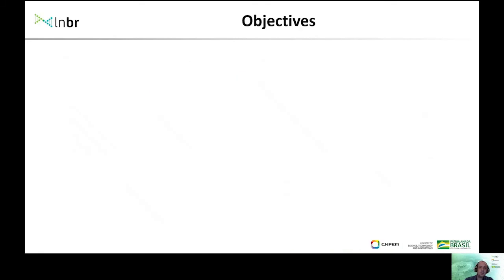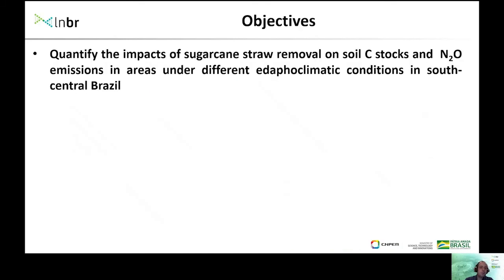Based on that, here I present three objectives of this study. The first one is to quantify the impact of straw removal on soil carbon stocks and N2O emission in areas under different edaphoclimatic conditions.